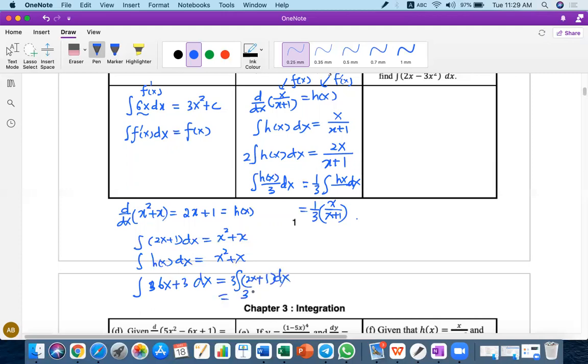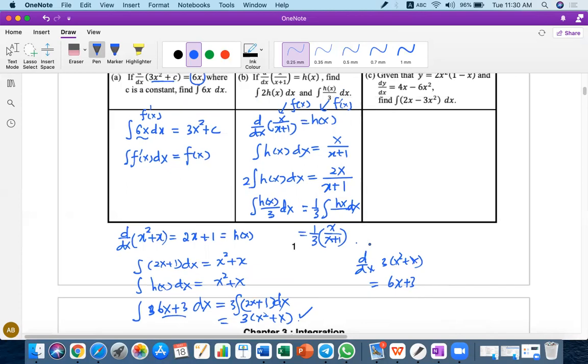Therefore, I have 3 times x squared plus x. This is your answer. You can try it: if I differentiate 3x squared plus 3x, I will get back 6x plus 3. Same as this, so that is your answer.